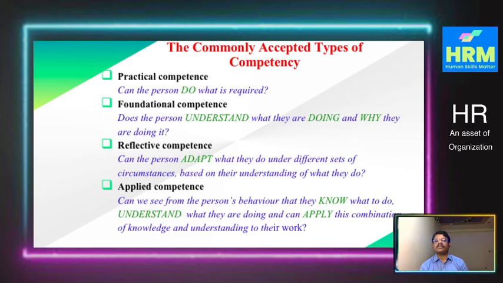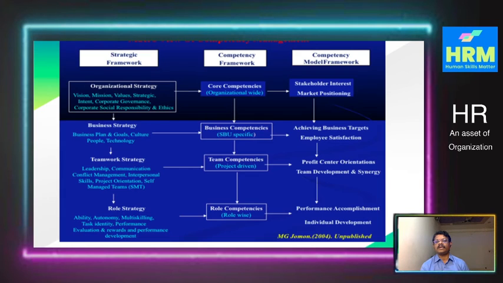Applied competencies: can we see from the person's behavior that they know what to do, understand what they are doing, and can apply this combination of knowledge and understanding to their work? These are the main important dimensions of the competencies required in the environment.